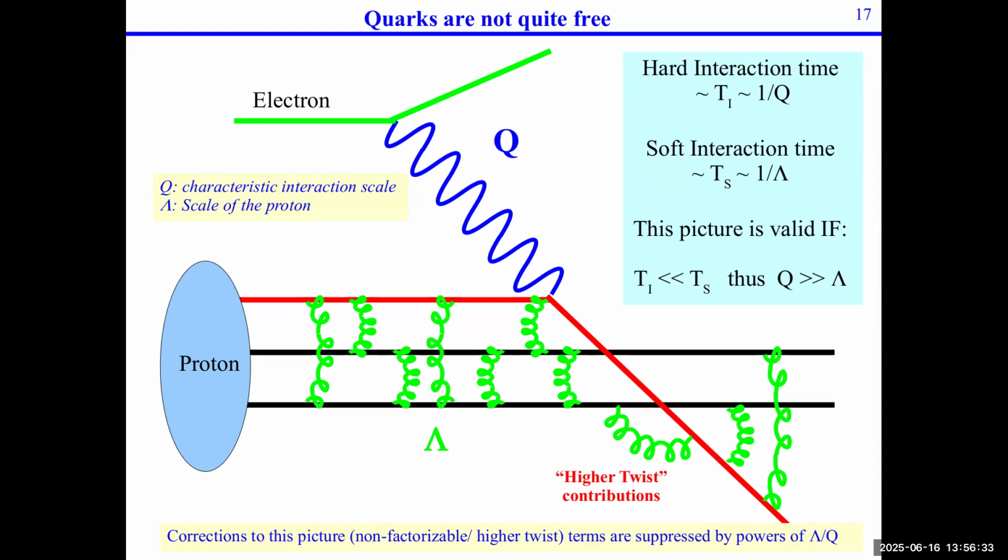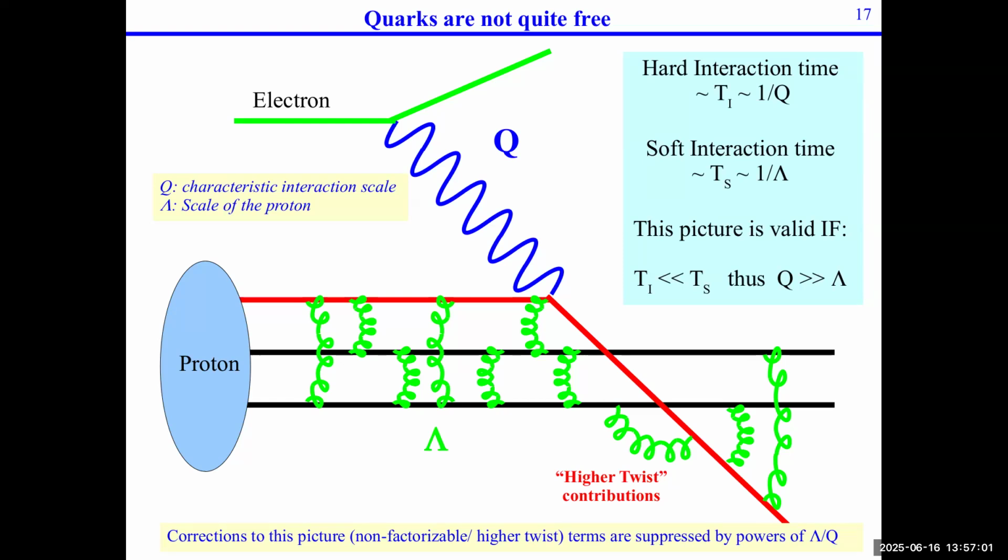If I'm probing it with a photon, a W, a Z, whatever, because I'm doing that so quickly and it doesn't have time to interact, it doesn't have a chance to say, look, here comes a W, adjust. Okay, so it's that separation of scales that allows me to do this simplification and say, I'm just going to model the proton as a bag of stuff with certain probabilities of finding up quarks and down quarks, etc.